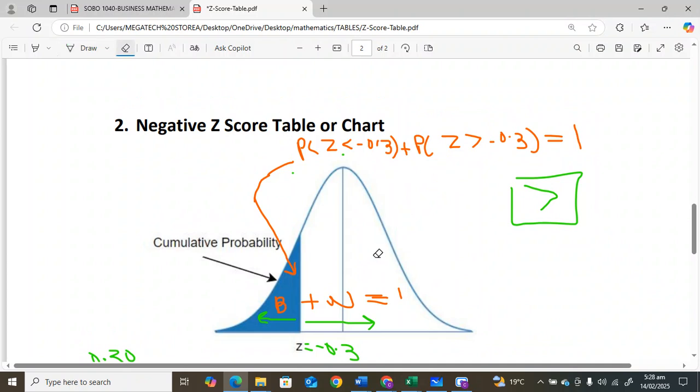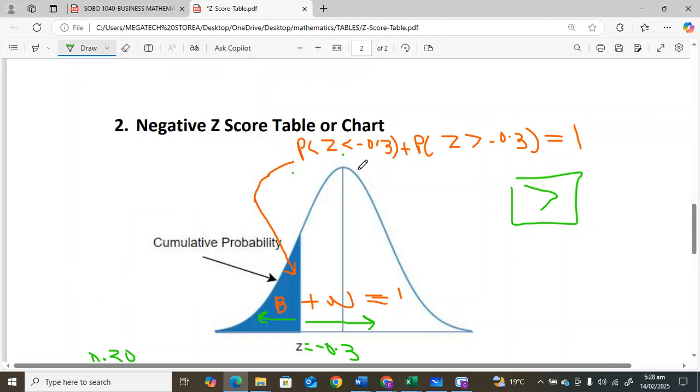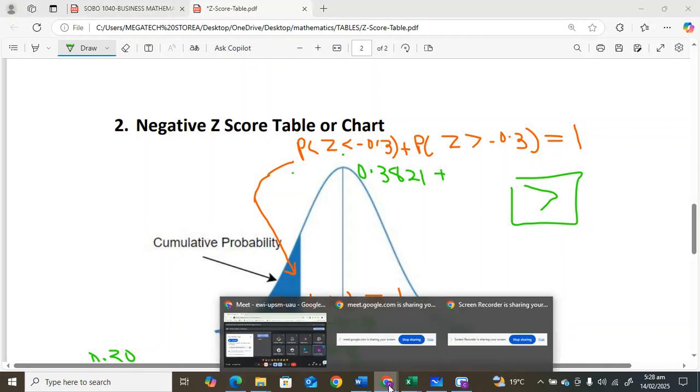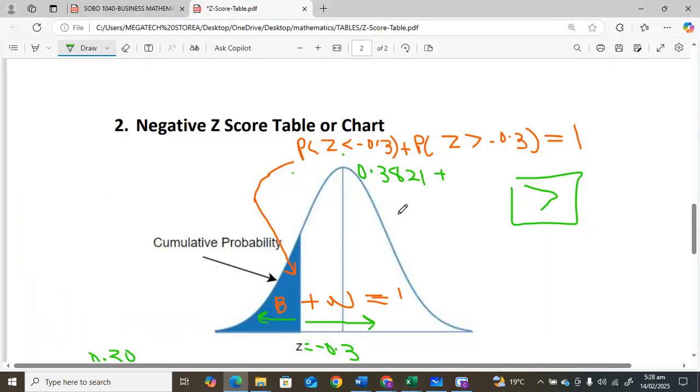So here you can put it like this: 0.3821 plus the probability that Z is greater than negative 0.3 equals 1.